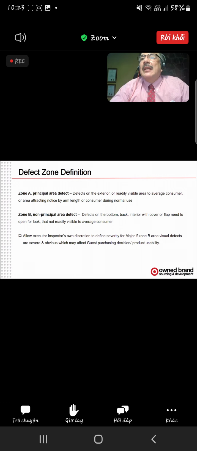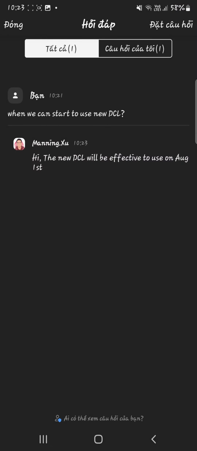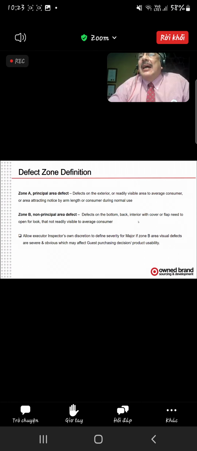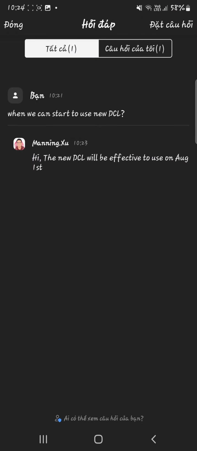Manning. There is another question from Gothiban. I hope I pronounce the name well. For small scratches or markings hardly visible from arm's length, how do you classify it? Who could take it from the panel?